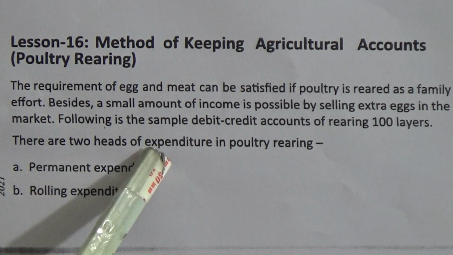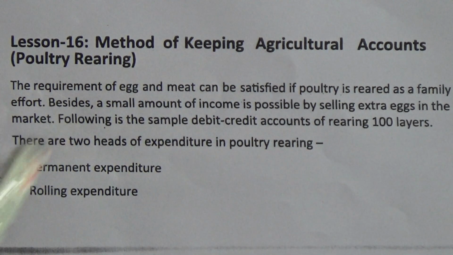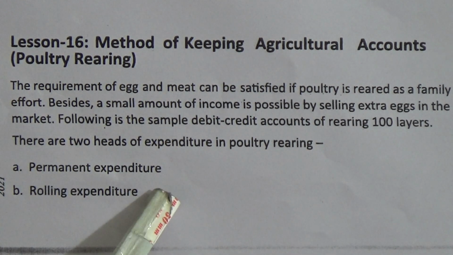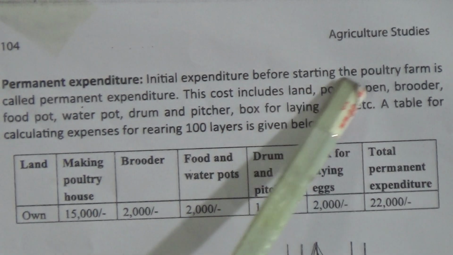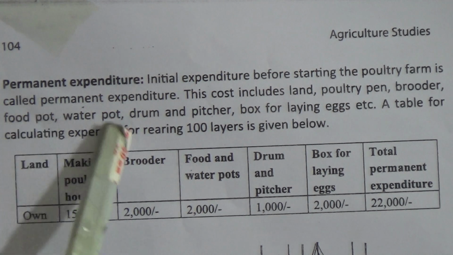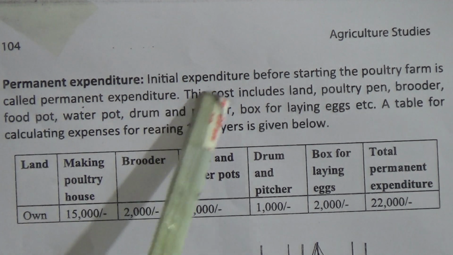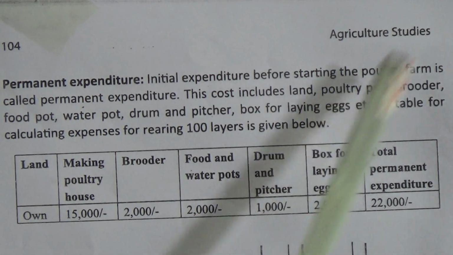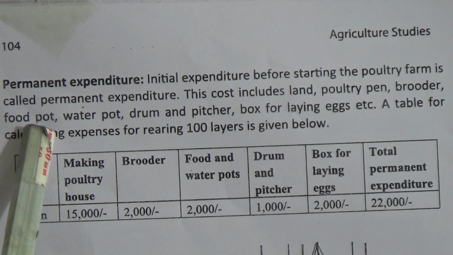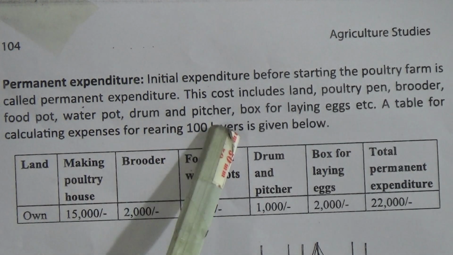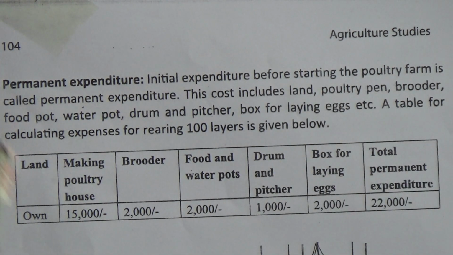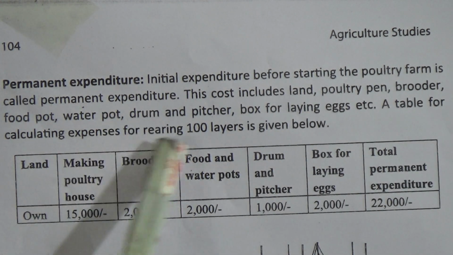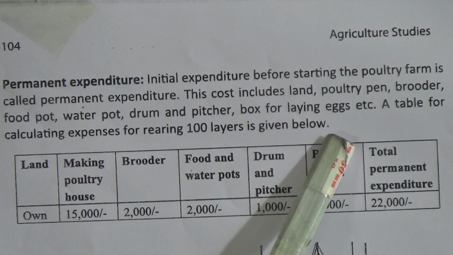There are two heads of expenditure in poultry rearing. A. Permanent expenditure. B. Rolling expenditure. See permanent expenditure. Initial expenditure before starting the poultry farm is called permanent expenditure. This cost includes land, poultry pen, brooder, food pot, water pot, drum and pitcher, box for laying eggs, etc. A table for calculating expenses for rearing 100 layers is given below.